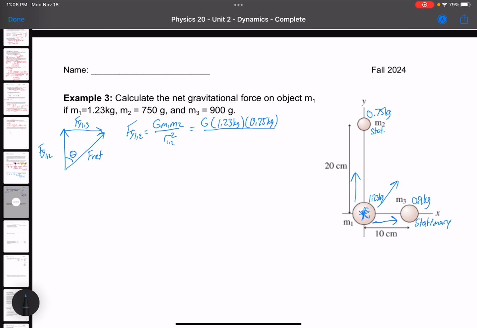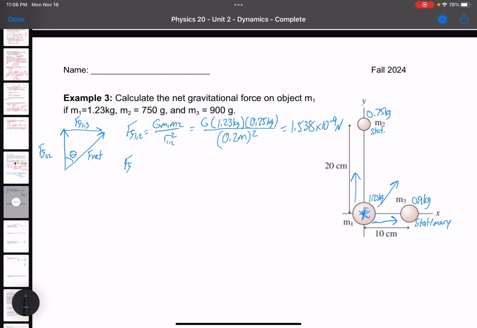And between 1 and 2 is going to be 0.2 meters. Again, centimeters to meters, we divide by 100. So I can throw that into my calculator, and I get 1.538 times 10 to the negative 9 newtons.